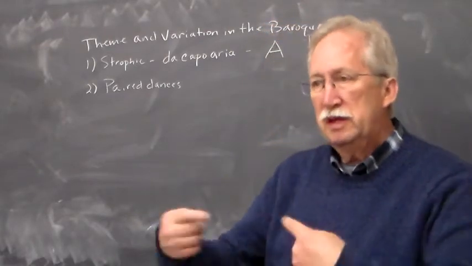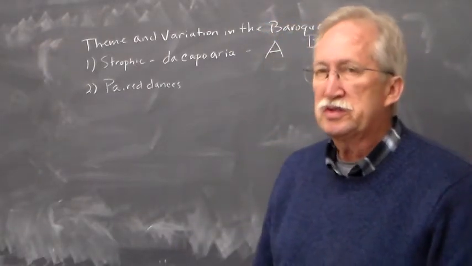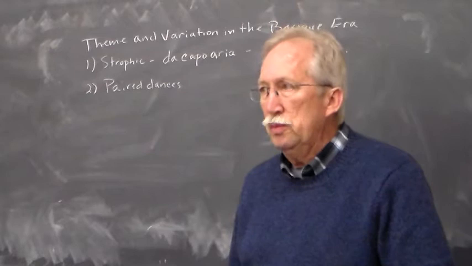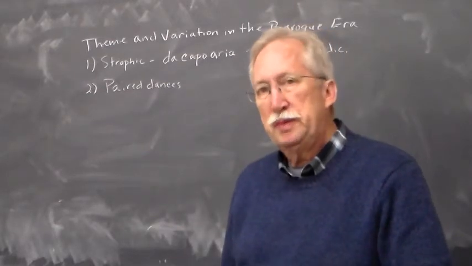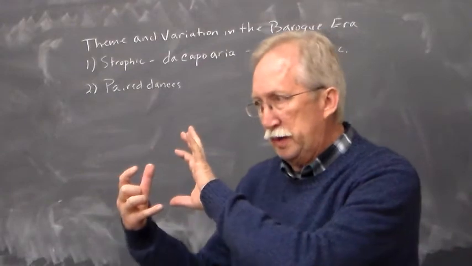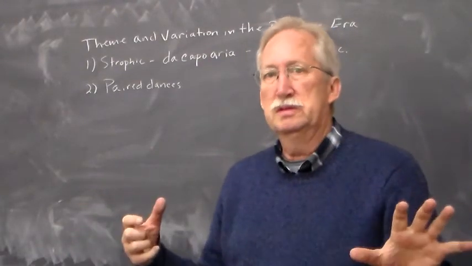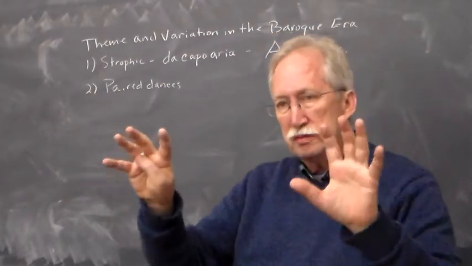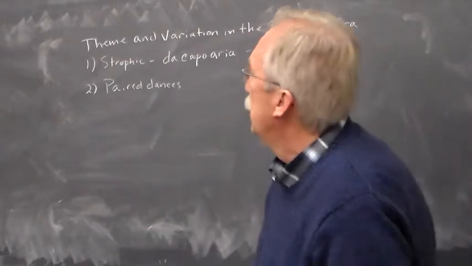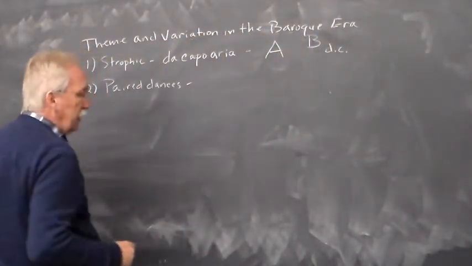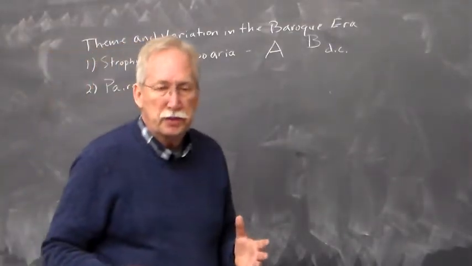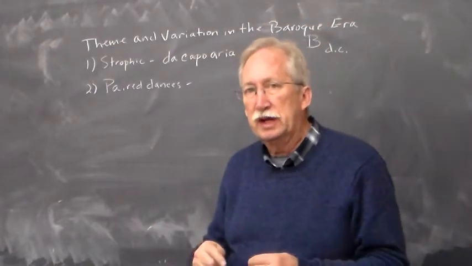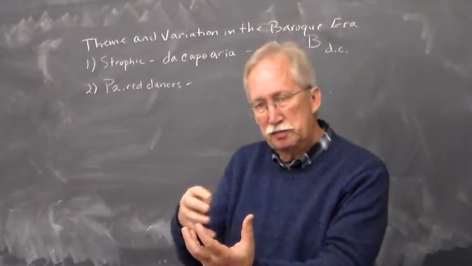Earlier than Bach, though, in the first half of the Baroque, composers liked to pair dances together. And so what a composer would do would be to write, an example would be an Allemande and a Courante. And as you know, those become the first two standard dances. But earlier, these were standalone, paired dances. And so what would happen is that Baroque composers, you remember, basically wanted to maintain a single emotion, a single affect within one particular movement.